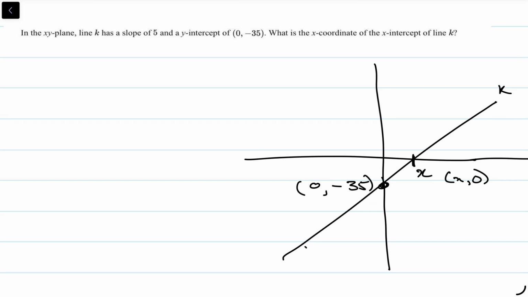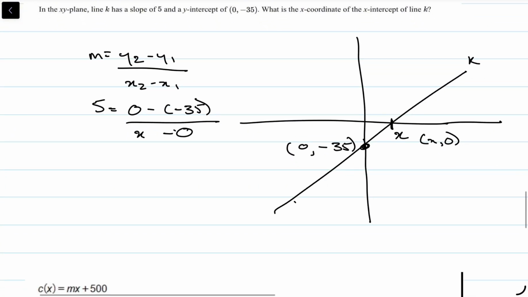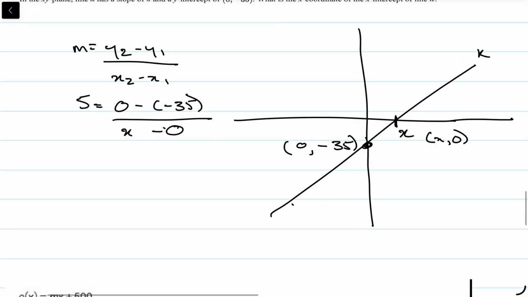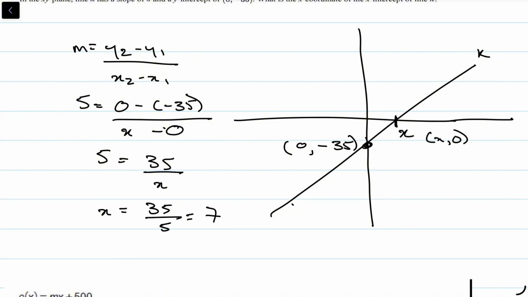What we can do here is use our gradient formula, m equals y2 minus y1 upon x2 minus x1. 5 equals 0 minus negative 35 upon x minus 0. Be careful of the order you're putting these in. 5 equals 35 upon x, which means x equals 35 upon 5, which is 7.